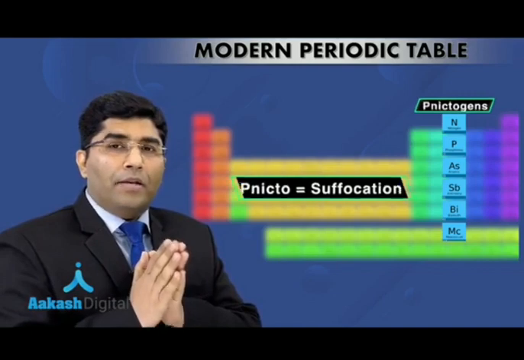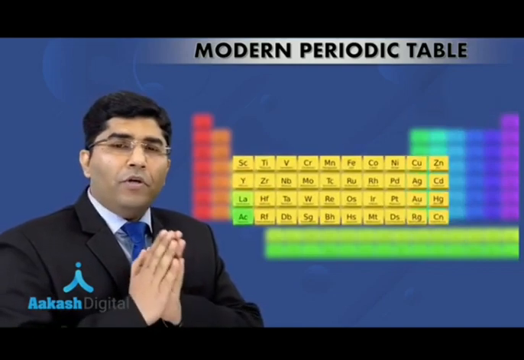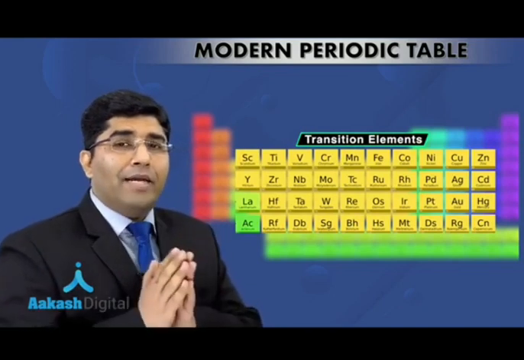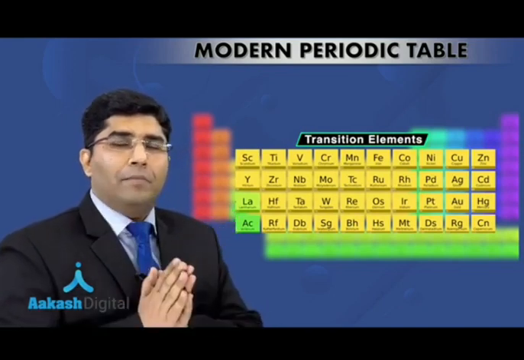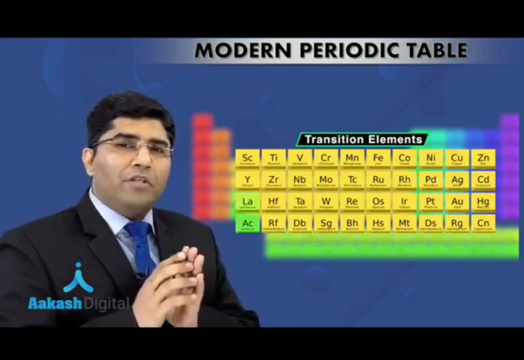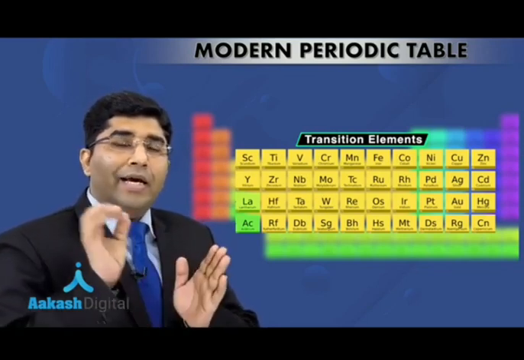Now, if we talk about the transition elements, many of the students think that the D block elements are transition elements. The actual definition of the transition element is the incomplete D subshell.